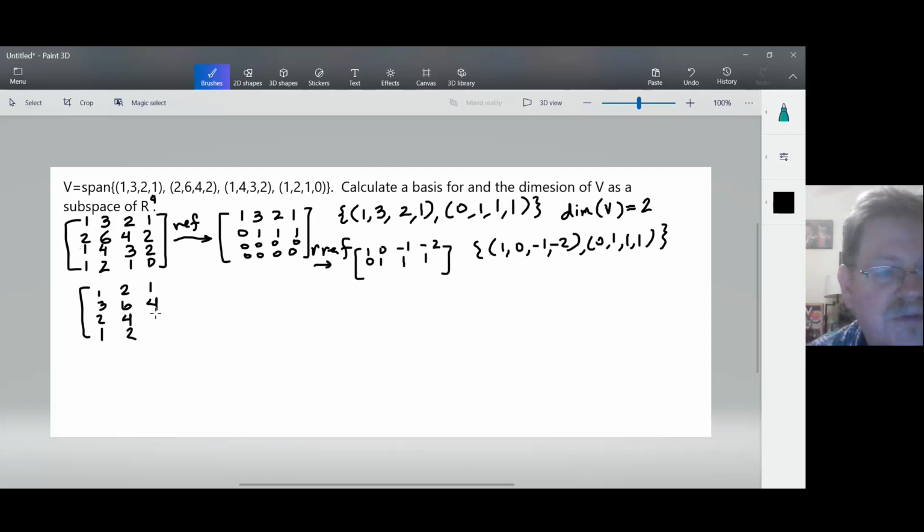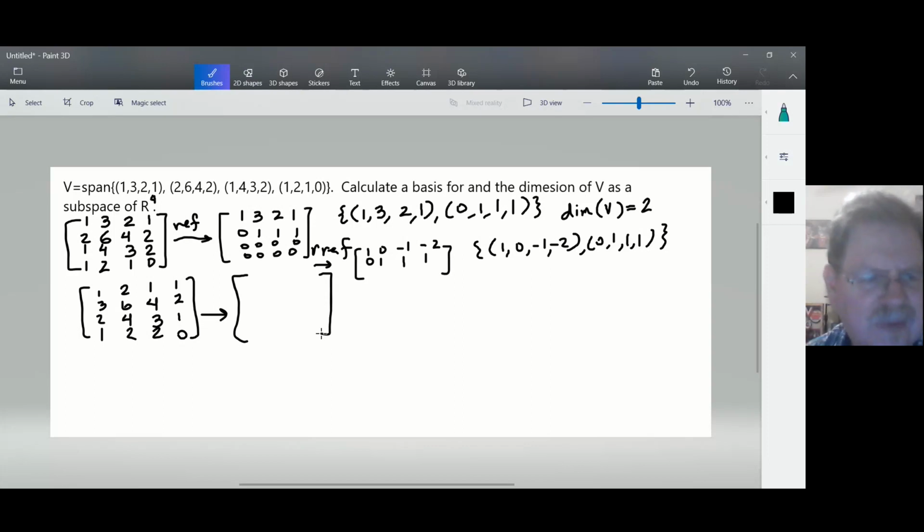And now we want to find a basis for the column space of that matrix. And so what we would do here is get this into row echelon form, but then it would be the columns that have the leading ones that tell us which elements from the original set are going to span the entire subspace of R4 that we're given here.